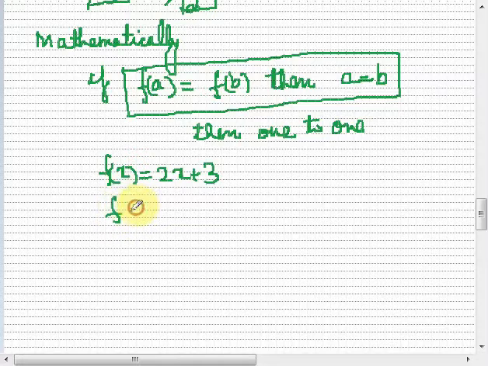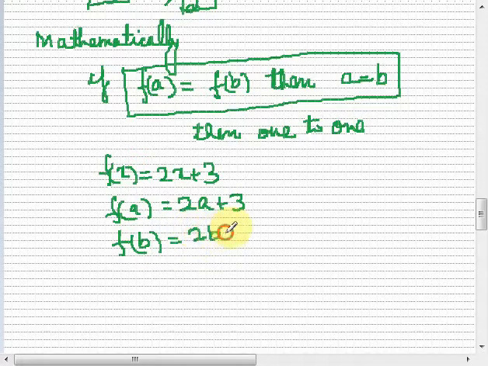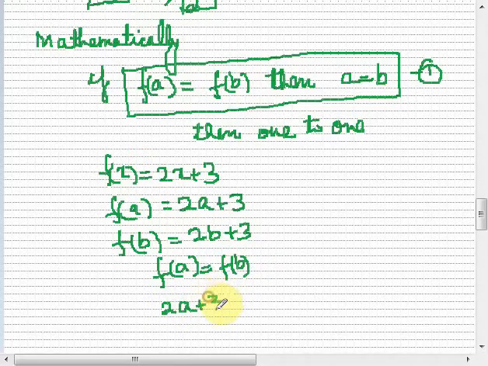So f(a) = 2a + 3 and f(b) = 2b + 3. If f(a) = f(b), it means 2a + 3 = 2b + 3.